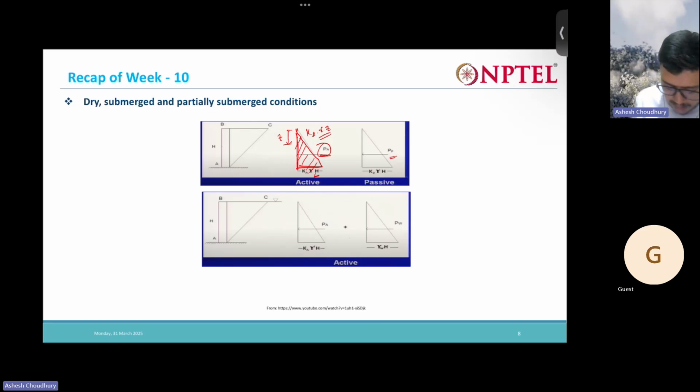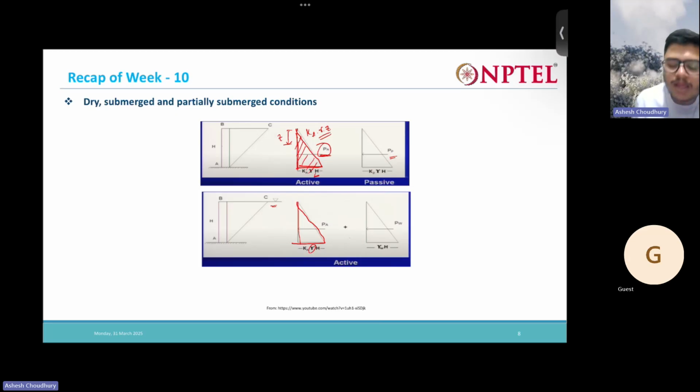So now if we have a submerged condition, then the first case is same, the area of the triangle, but notice that we have to use the submerged unit weight only and not the saturated unit weight. You always use the submerged unit weight.